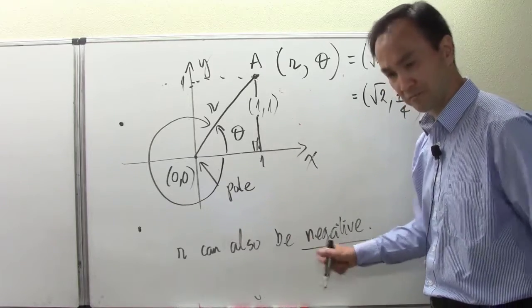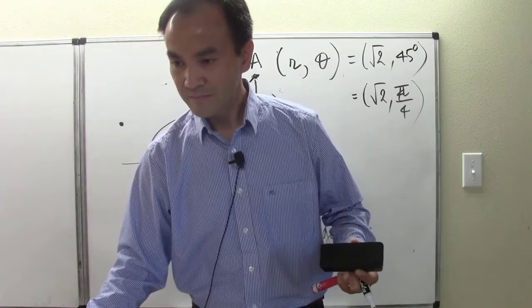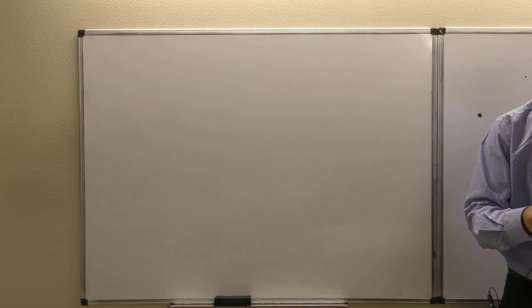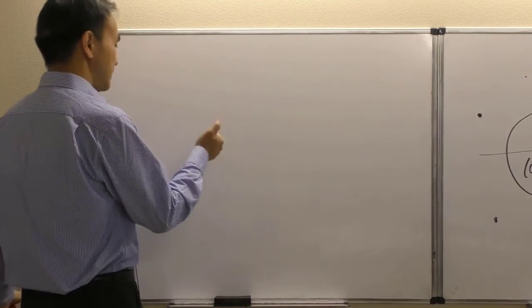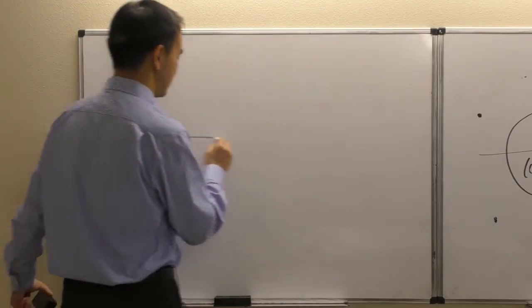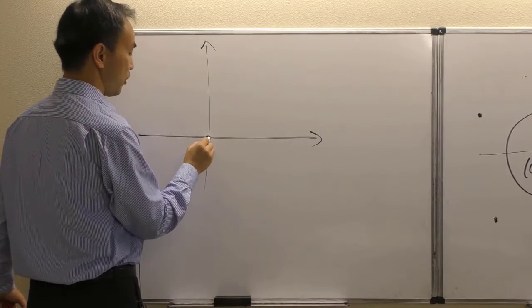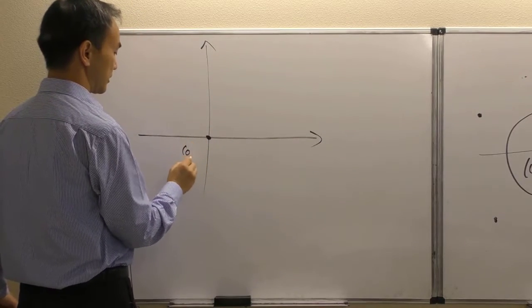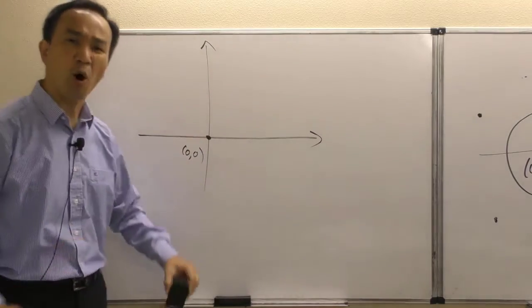All right, so here's how I'm seeing it. Let me now swing to the other board and construct a new figure. In the axis system, I call this the pole right here. Of course, in rectangular coordinates the pole is at 0, 0, but now we just see that it's the pole.